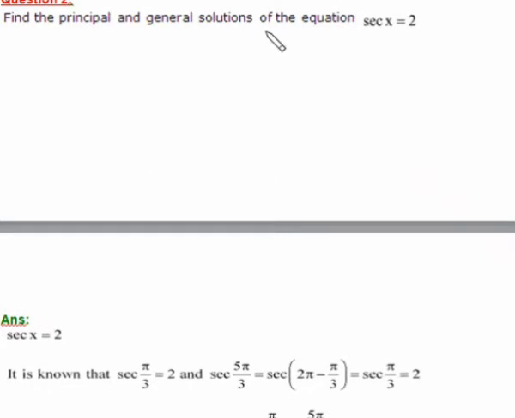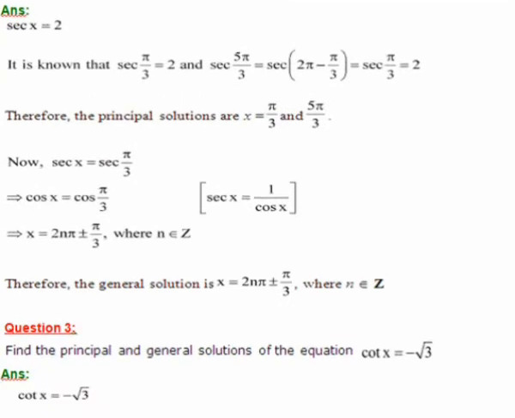See the second question. Find the principal and general solution of the equation sec x is equal to 2. When sec x is equal to 2, at what value does sec x give 2? At pi by 3 or 5 pi by 3, in between 0 to 2 pi. So sec pi by 3 is equal to 2 and sec 5 pi by 3 is also 2.